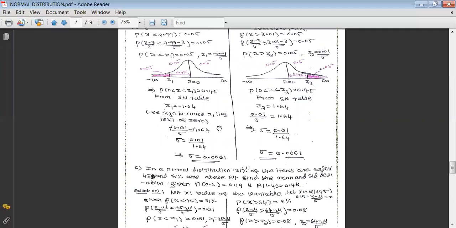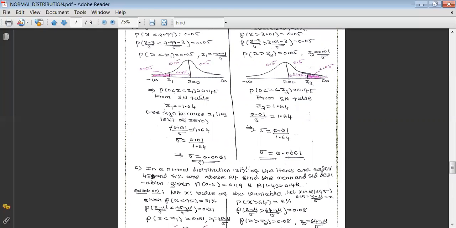But what is your Z1? That is minus 0.01 by sigma, equal to minus 1.64. And here Z2 is 0.01 by sigma and it is 1.64. If I cross multiply, I get sigma equals 0.01 divided by 1.64. Here also 0.01 divided by 1.64.